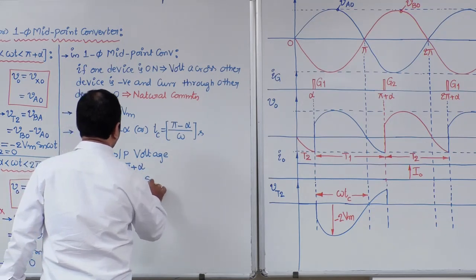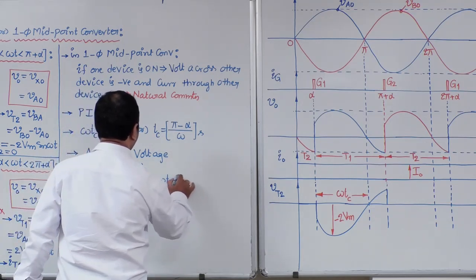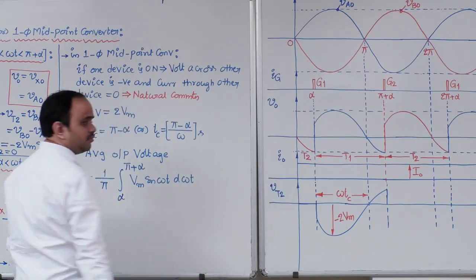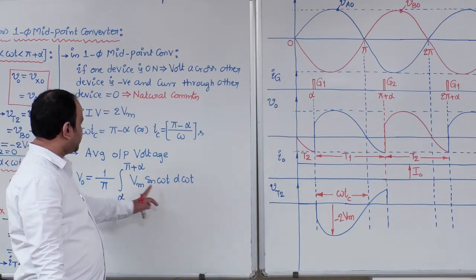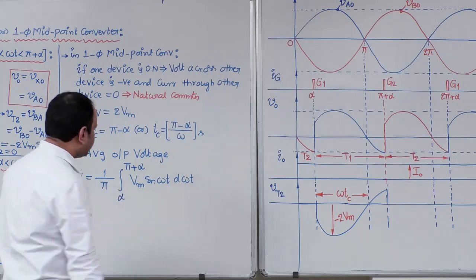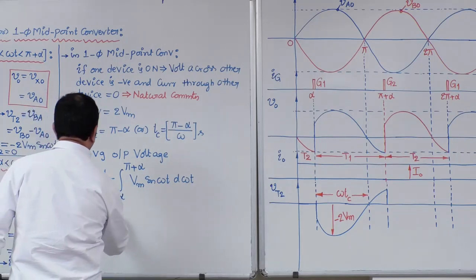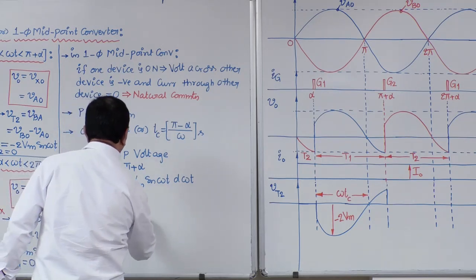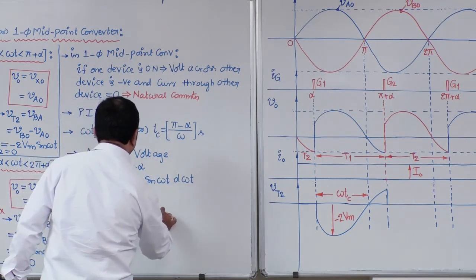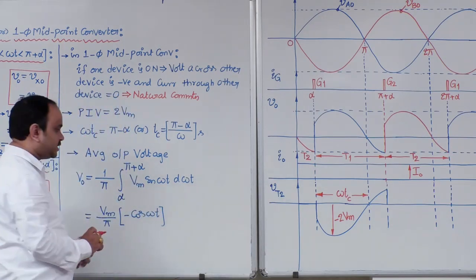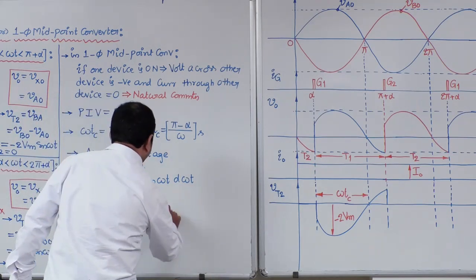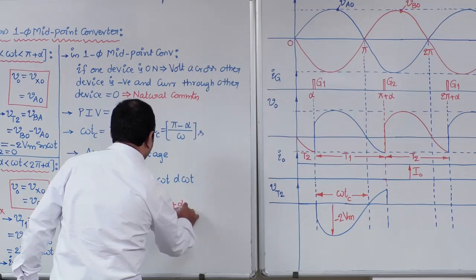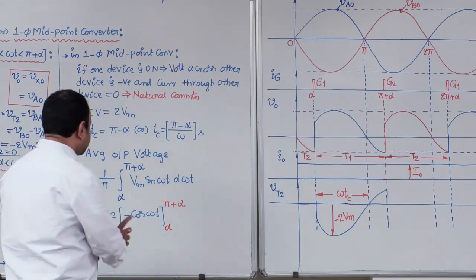What is the equation for the blue color sinusoidal? That is VAO, and the equation is Vm sin omega t. So we can write Vm by pi integration, where the integral of sin omega t is minus cos omega t, with limits from alpha to pi plus alpha.